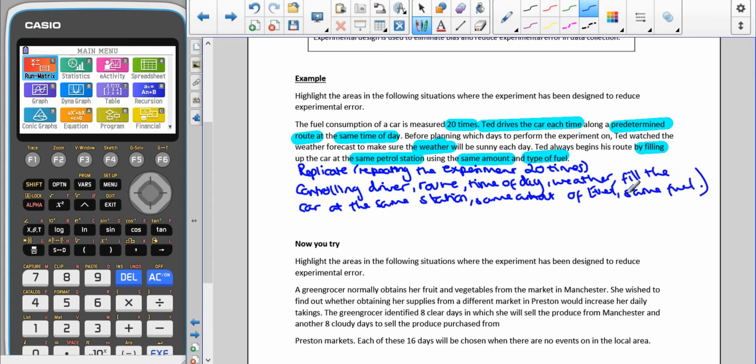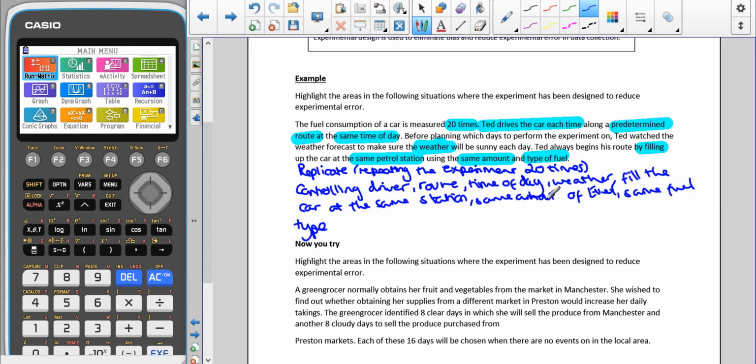Now, the reason for these last two is that the amount of fuel in the car will make the car heavier or lighter, depending on if you have more or less fuel in it. And that in turn will affect the amount of fuel being consumed, as well as having the same amount of fuel just to start off with. But also the same type of fuel, so the same fuel type.